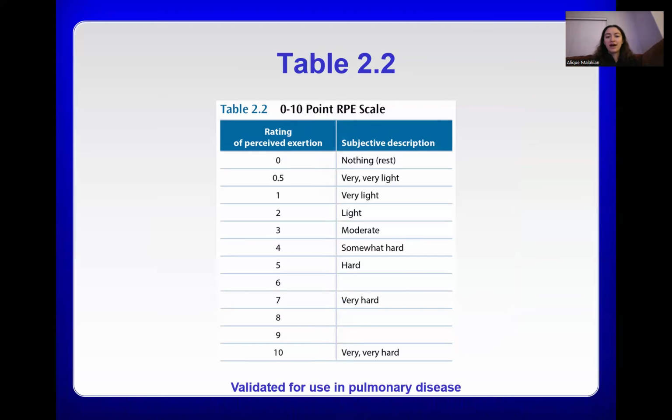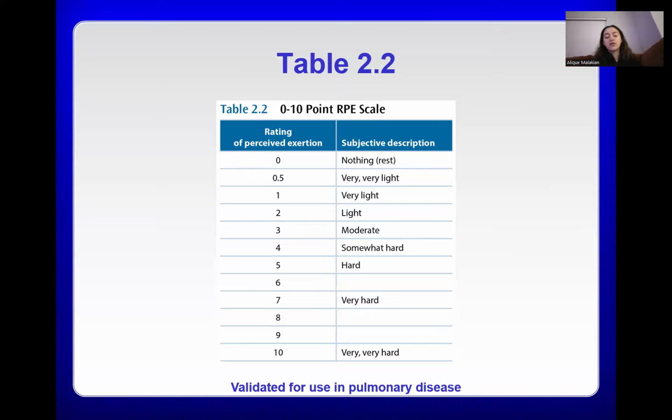Now here we have the 10-point RPE scale, which I will again talk about a little bit later. The textbook just refers to it many times throughout the chapter. This scale is the 0 to 10 point rating of perceived exertion. I guarantee all of you have seen some form of this before because you're all in your masters, right?